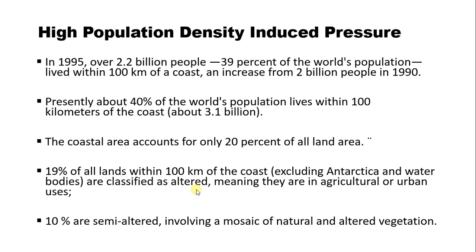So 19% purely altered, purely changed from their pristine state, and 10% semi-altered. Now, why all this? Because this coastal area attracts high population density, and with this high population density come a lot of pressures.